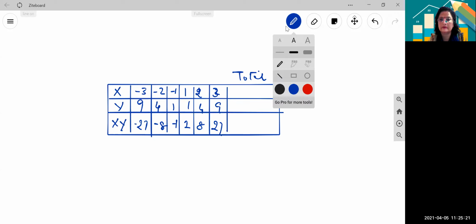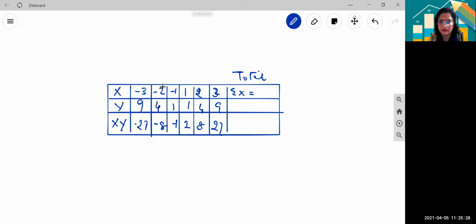Yes, total here is summation of x. But you will calculate, as many positive values as there are negative. The answer is 0. Summation of y, when you will calculate, it will come out to be 28. Then summation of xy same here. As many negative as positive values.